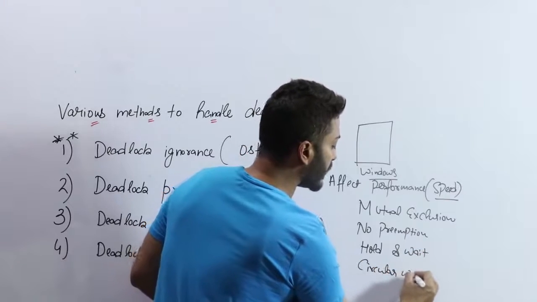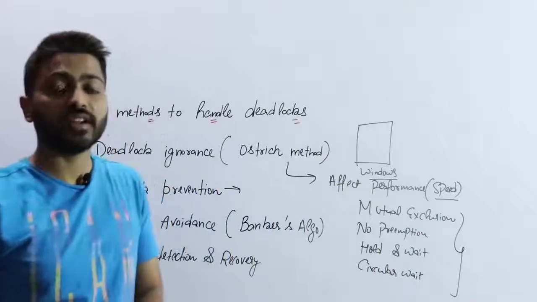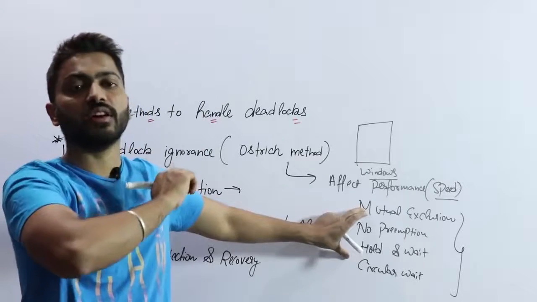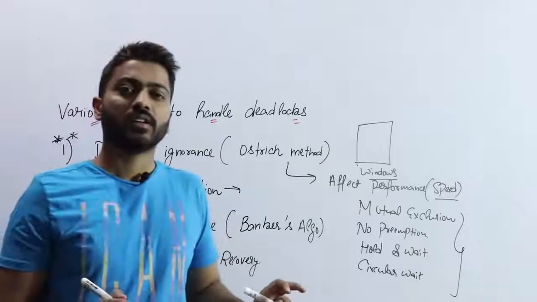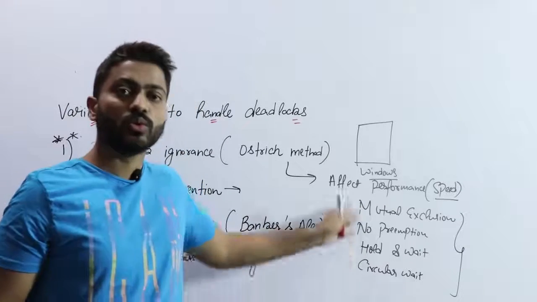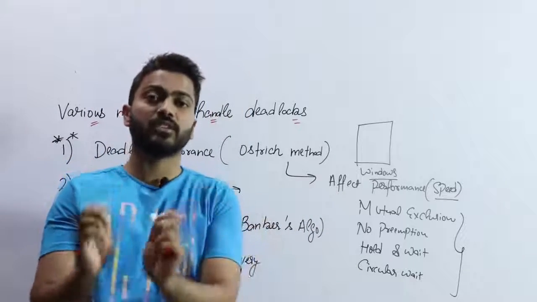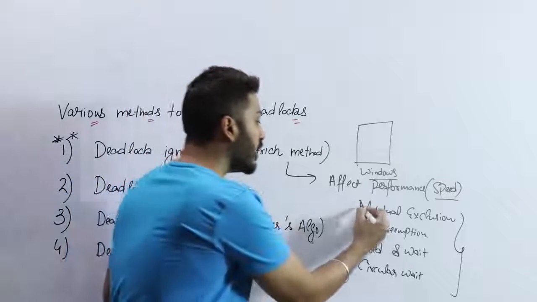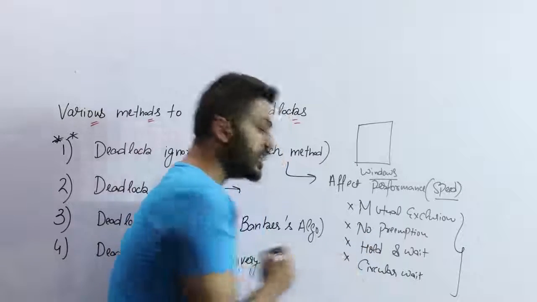As we know, these 4 conditions are mandatory conditions to have deadlock in the system. So what deadlock prevention says is, either try to remove all the 4 necessary conditions from the system, or at least try to remove or discard one of the conditions.